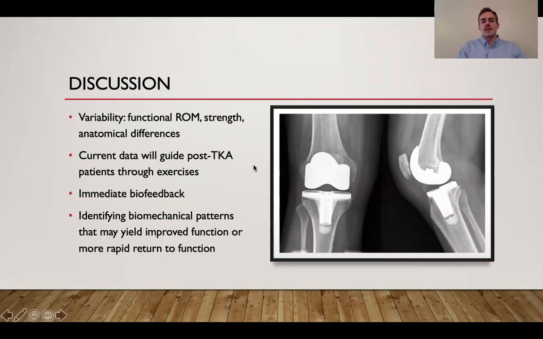So as we compare the data between these healthy subjects and post-TKA patients, we'll be able to see what is different and identify biomechanical factors or patterns that may yield improved function or more rapid return to function. And we wouldn't be looking for one very specific trajectory for them to follow, but there is this range that healthy subjects seem to be in, and we can shoot for that same range for the subjects.